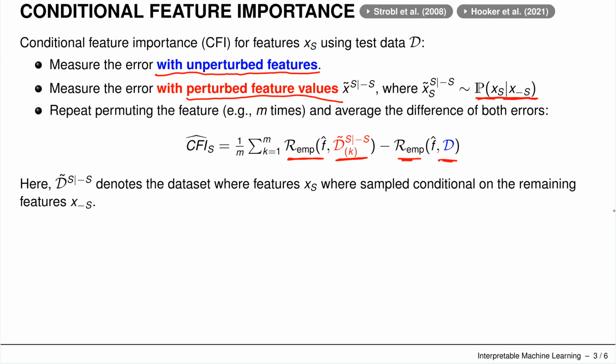We take the difference of that and we average that over our m repetitions, and that gives us our CFI estimate of our feature set of interest S. And here d tilde S conditioning on minus S is the data set where features xs are sampled conditional on the remaining features x minus s. So that's the same algorithm as the permutation feature importance. The major difference is that we sample here from the conditional distribution and not from the marginal distribution.